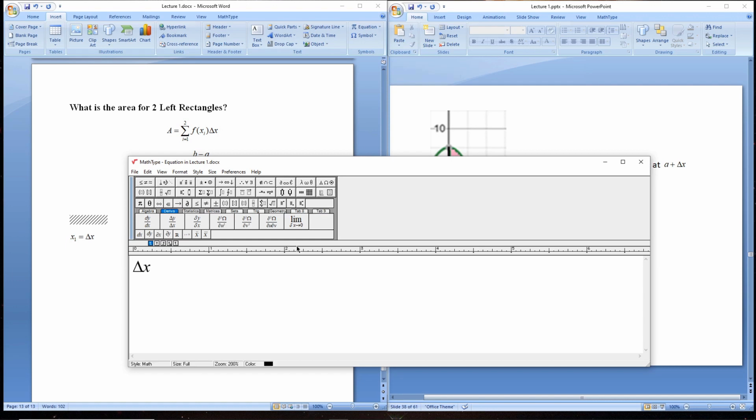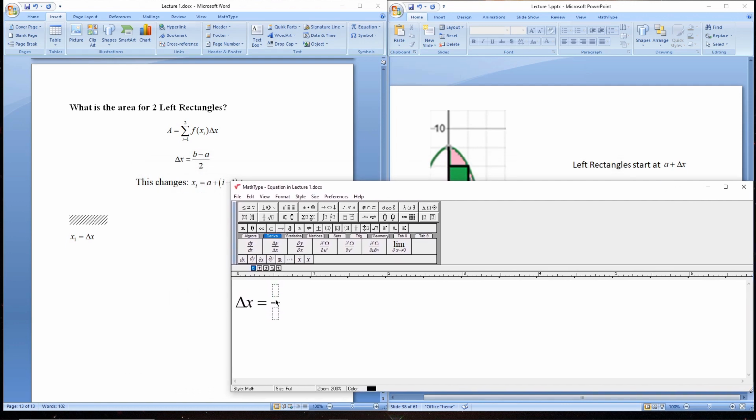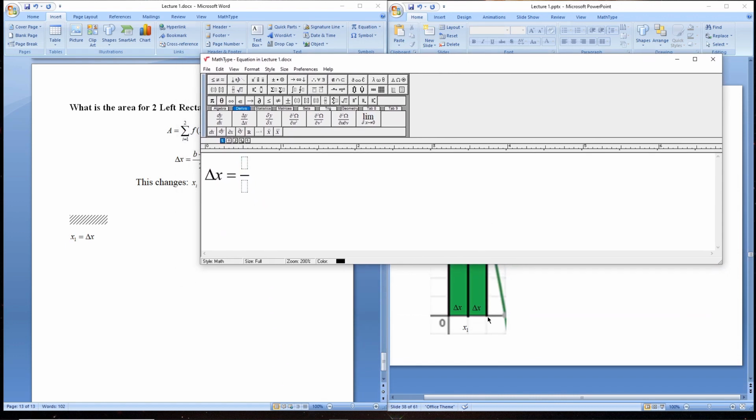So we have delta x equal to b minus a over n. So we know b, we look down here, b is 2, minus our starting position, which is 0, and we have 2 rectangles, and so our delta x for this case is 1.